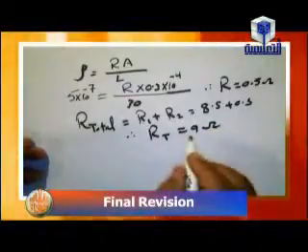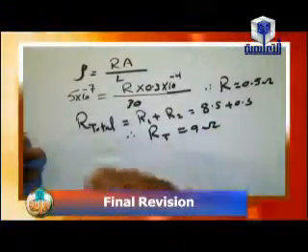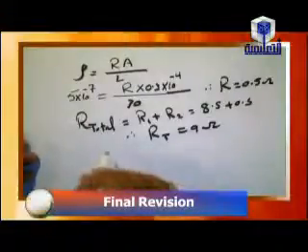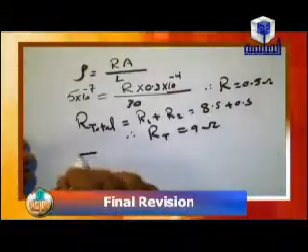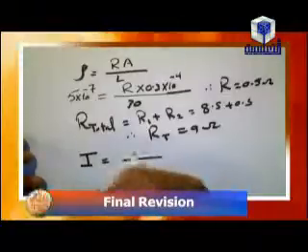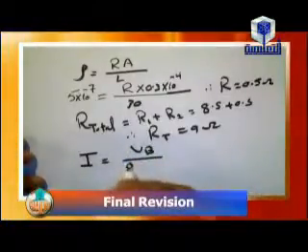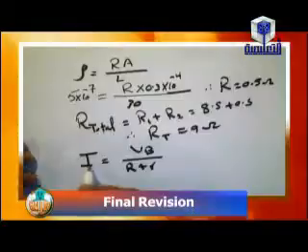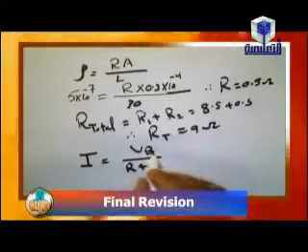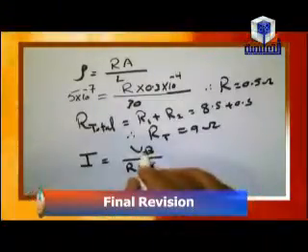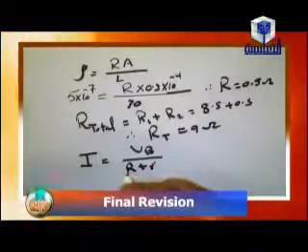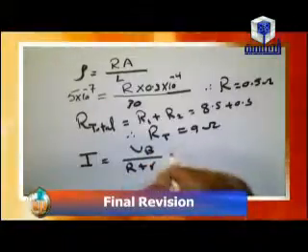We want to find the current intensity passing through the circuit, so we must use Ohm's law for closed circuit. I equals VB over R plus r. I represents the current intensity, VB the EMF of the battery, R the total resistance, and r is the internal resistance.